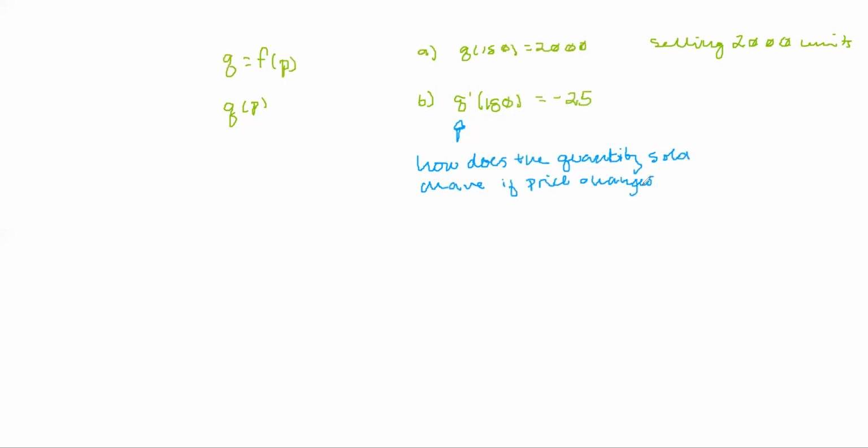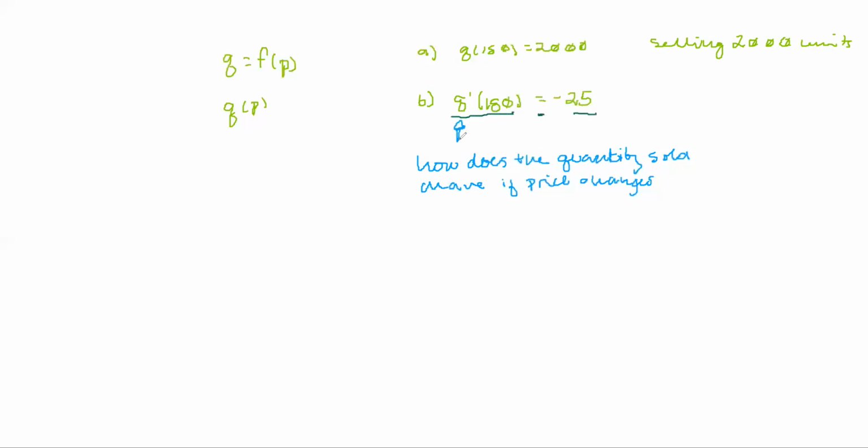That's the question that this Q prime is asking, and this Q prime also provides the answer. So this equals, this is like a question and this is like an answer.